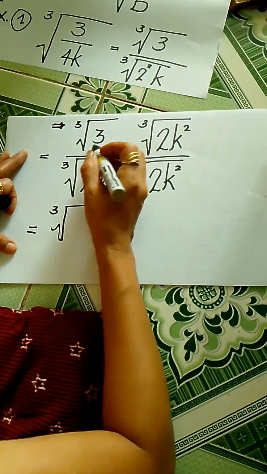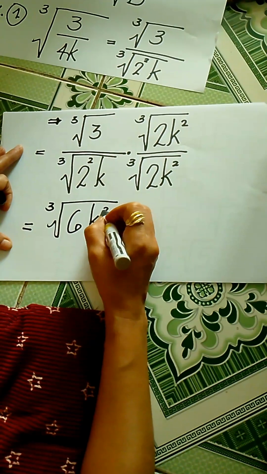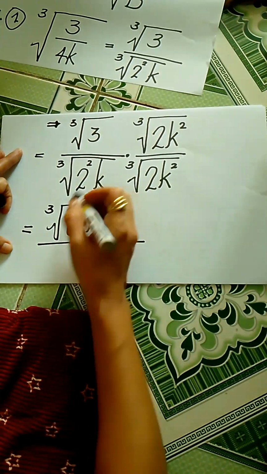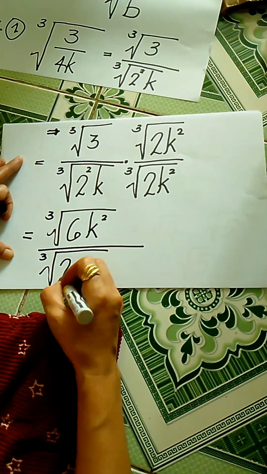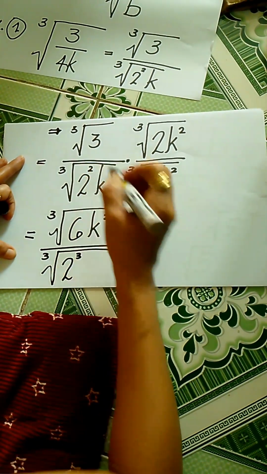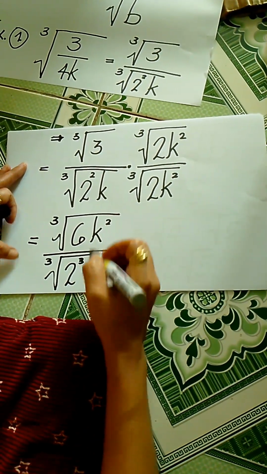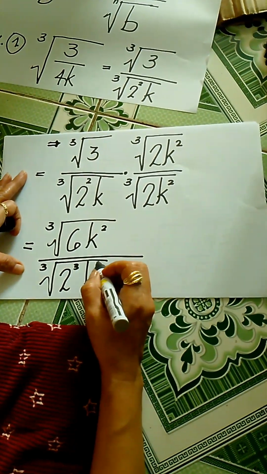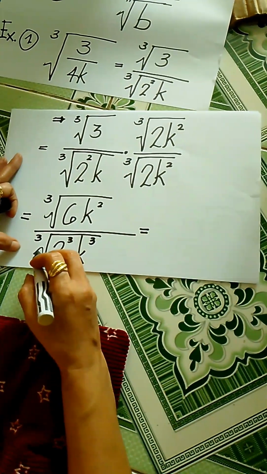And as you can see, pareho na ng index. So we can multiply the radicand. Kaya 3 times 2k square is cube root of 6k square. And as you can see, cube root of 2 square k times cube root of 2k square, yan, is cube root of 2 cube and k cube.